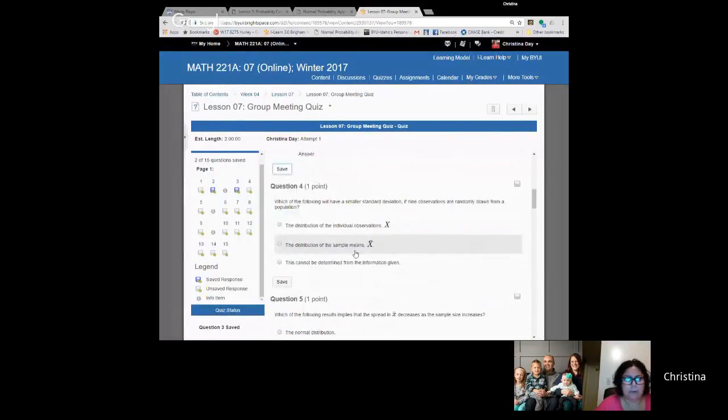Which of the following will have a smaller standard deviation if 9 observations are randomly drawn? I'm thinking it's the second one, but I'm not positive. You think it's a sample mean? I can't remember though.